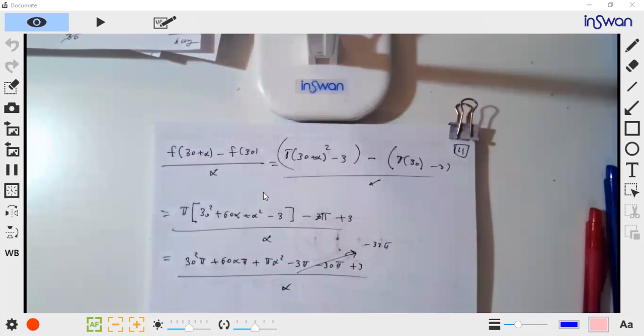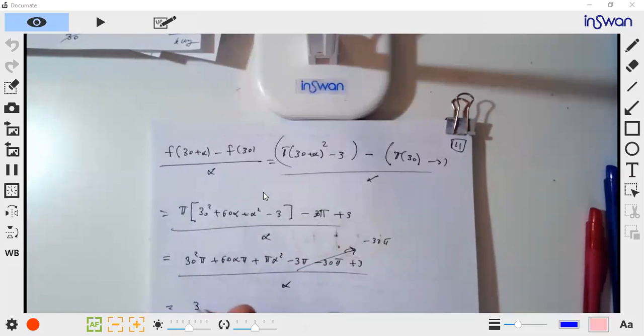Okay. And so you notice that anything with an alpha in the numerator will approximate to 0, right? So we then notice that through 30 squared pi plus 3 minus a 33 pi is all that will remain.